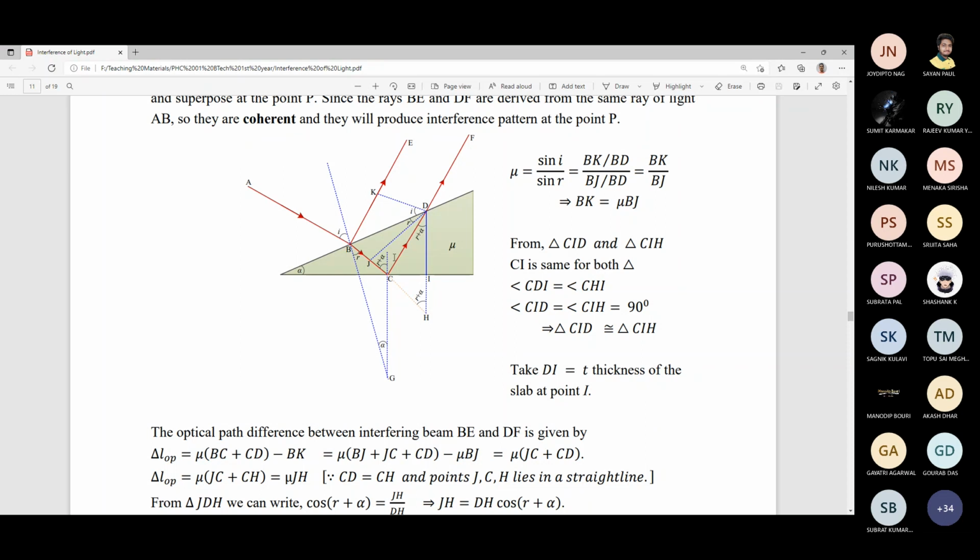This angle I have not written here. This angle is r plus alpha. And you see, these two are perpendicular and they intersect by this, so this angle is also r plus alpha. That means for this triangle CHD, these two angles are r plus alpha. So side CH is equal to CD. Point is clear? That is CD equals CH.